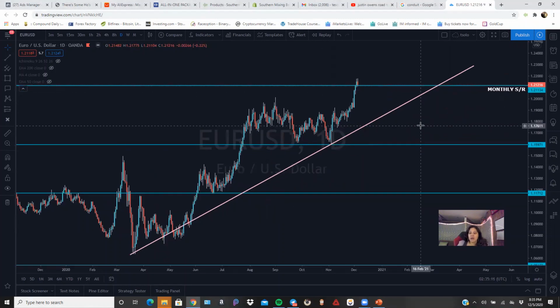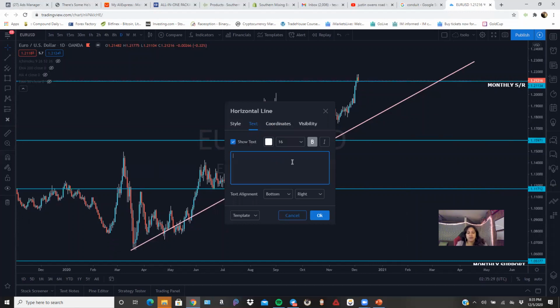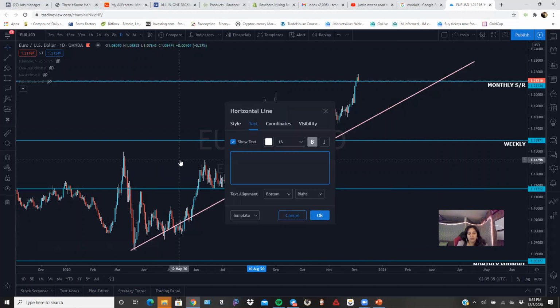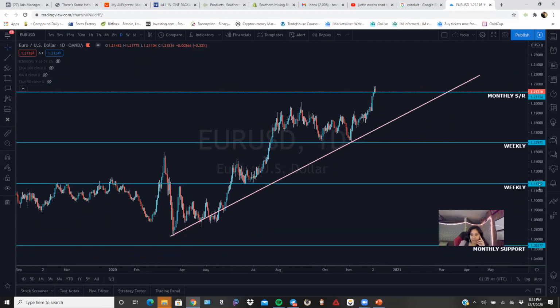So you're gonna mark up support, resistance, trend line. Okay, support, resistance, trend line. Label it. Label it like that: monthly, weekly, support, resistance.